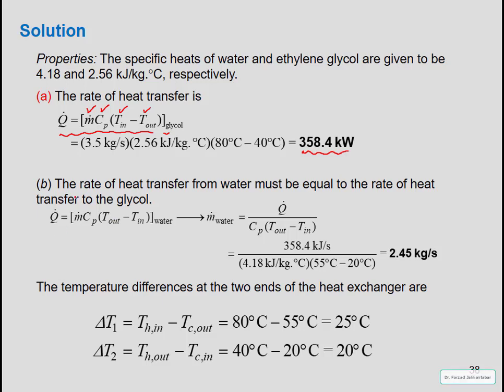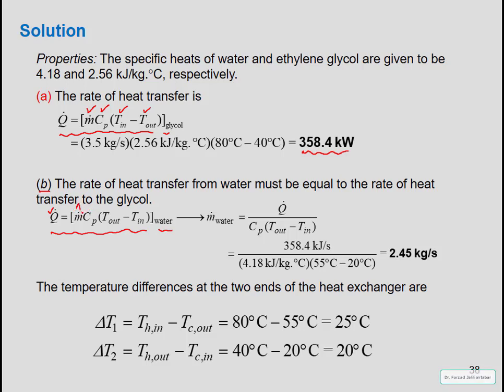Now we are going to find, in the B part of the question, the m dot of water or mass flow rate of the water. So again we can write this equation, Q dot equal to m dot Cp times T out minus T in for the water this time. Now Q dot is known, we have calculated it in the previous step.